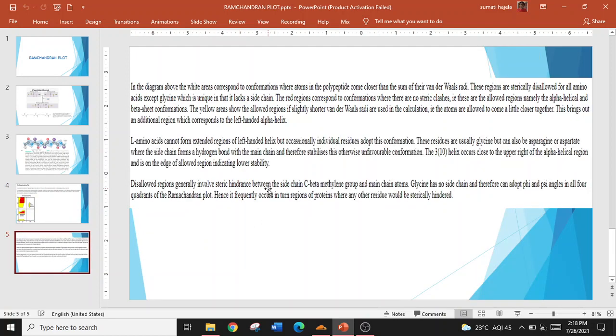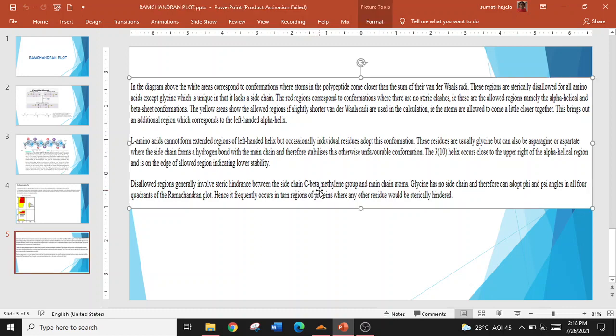Disallowed regions usually involve steric hindrance between the side chains, C beta methylene group and main chain atom. Glycine has no side residue, therefore can adopt phi and psi angles in all four quadrants of Ramachandran plot. Hence, it frequently occurs in turn regions of protein where any residue would be sterically hindered.